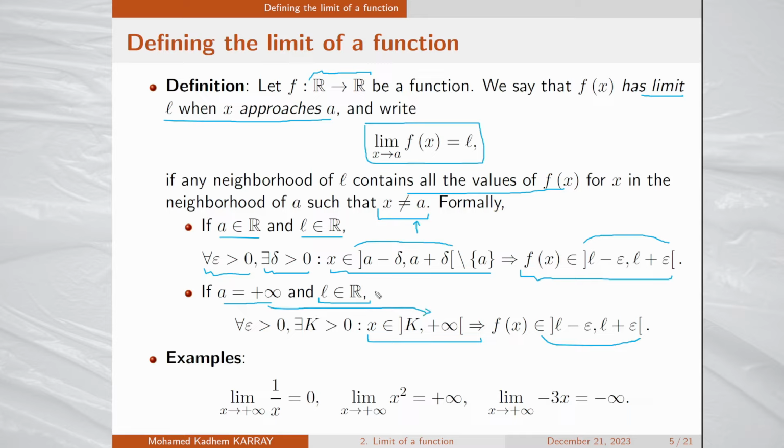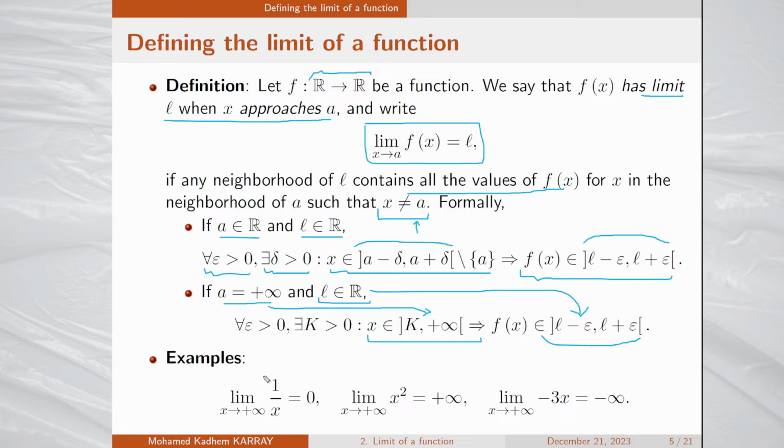And since L is a real number, we consider a neighborhood in this form. In the other cases where a is minus infinity, or L is plus or minus infinity, you may write equivalent statements like that. Just adjust the neighborhood to the appropriate point or limit.